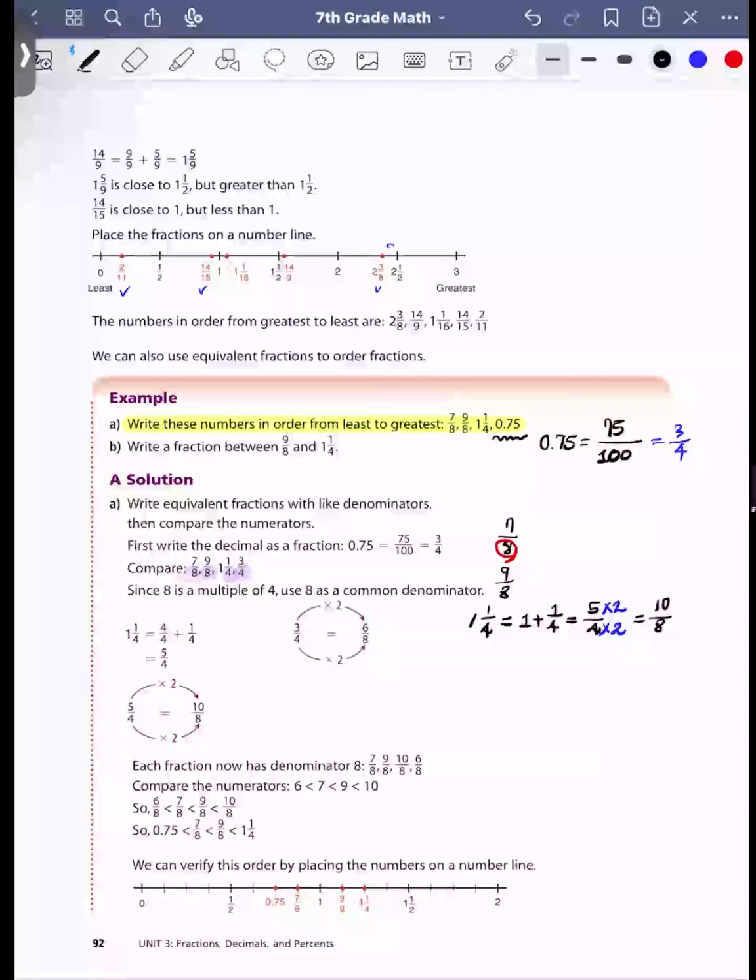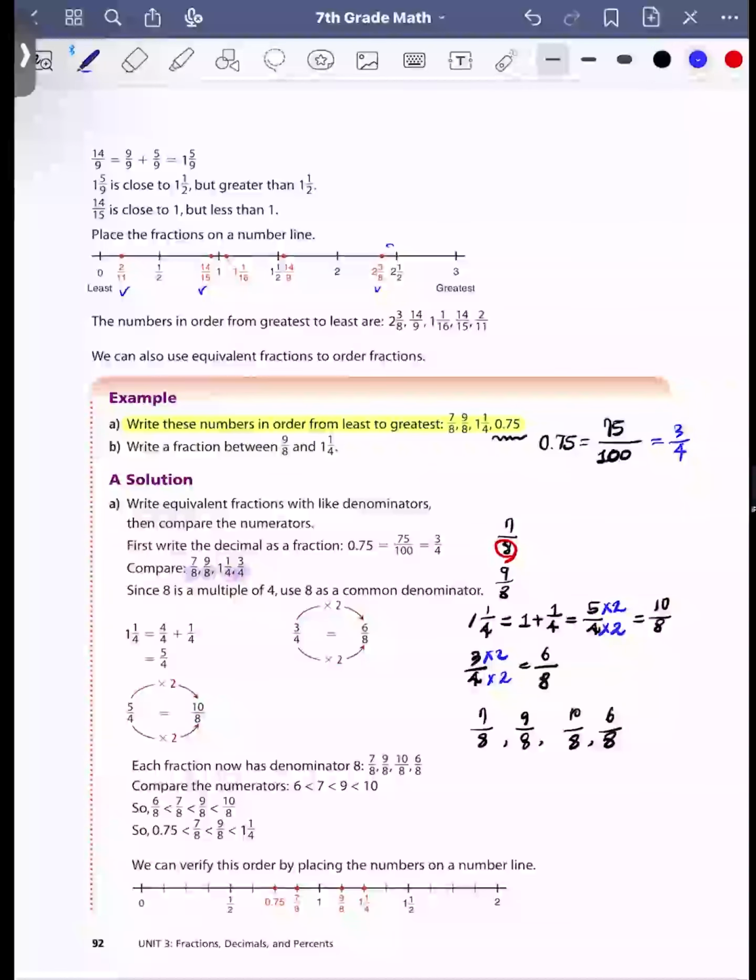We can do the same thing for the last one, which is 3 over 4. So you multiply 2 to each number, and it's going to give us 6 over 8. So now we have 7 over 8, 9 over 8, 10 over 8, and 6 over 8.